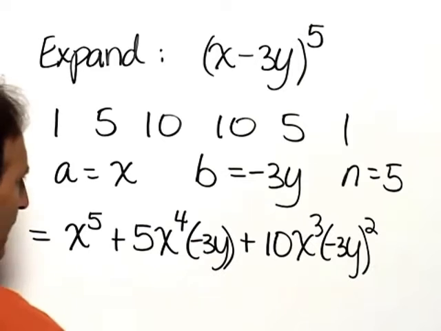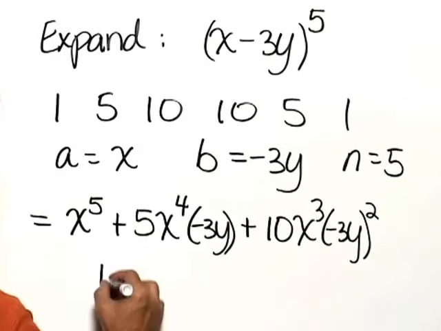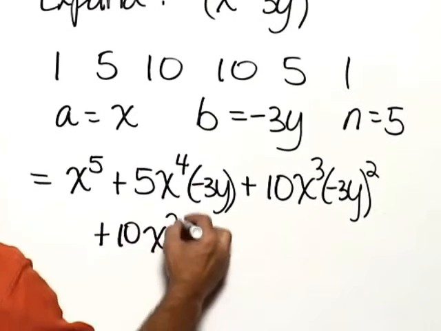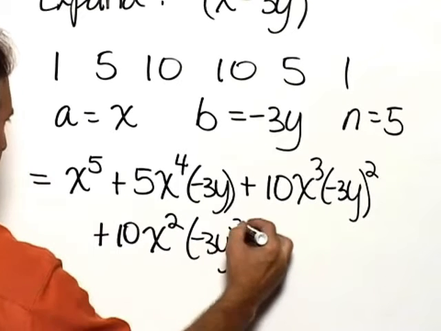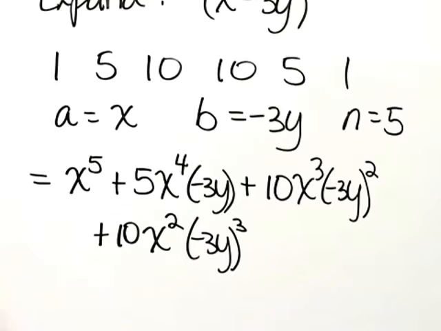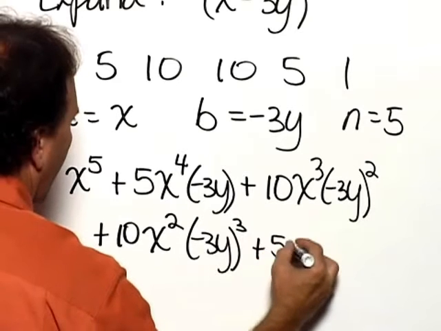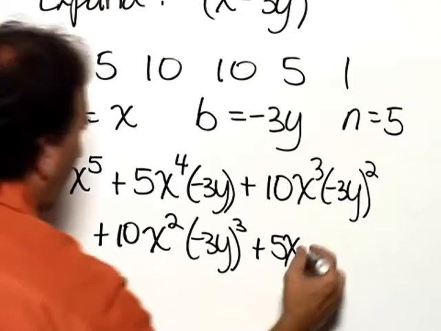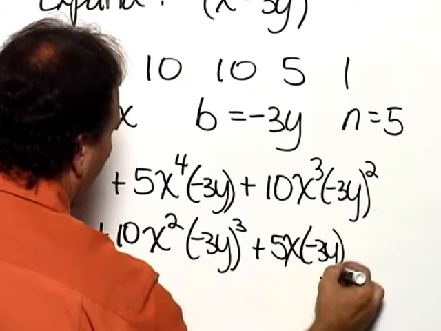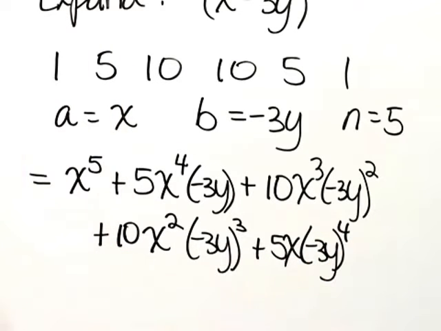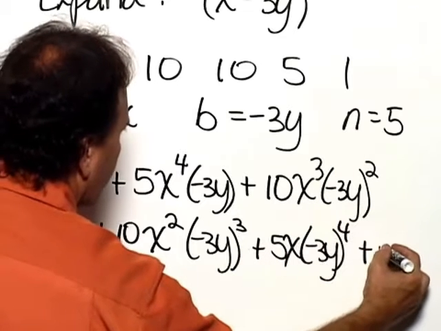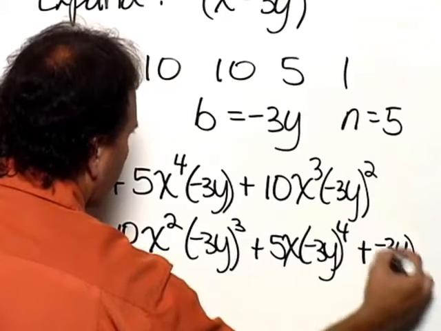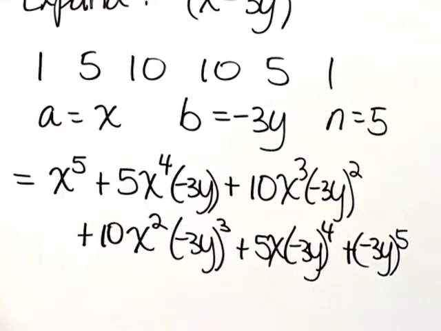Then we would have plus 10x squared times negative 3y cubed, plus 5x times negative 3y to the fourth power, and then plus the 1, which we don't need to write, negative 3y to the fifth power.